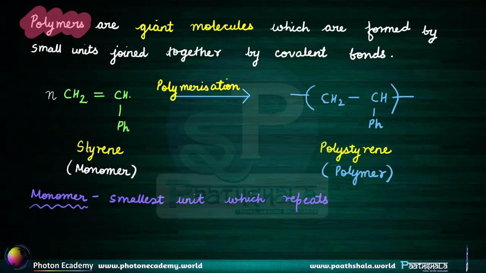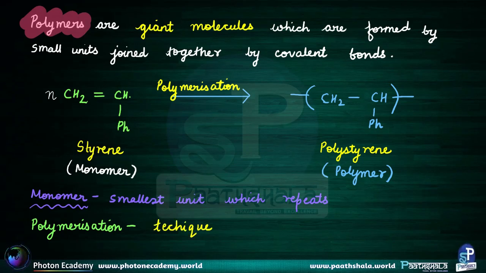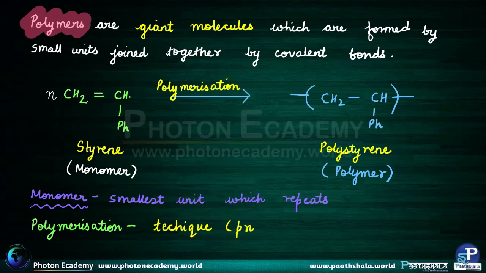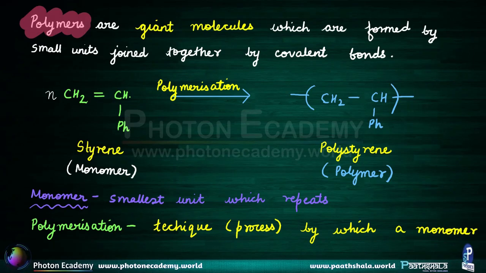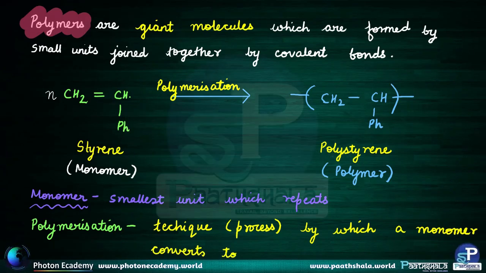The next thing is polymerization, and we can see from the above example that polymerization is the technique, or the process, by which a monomer converts to a polymer.